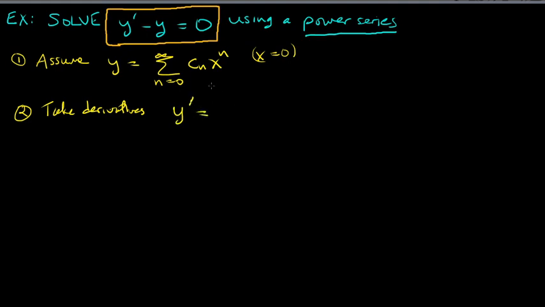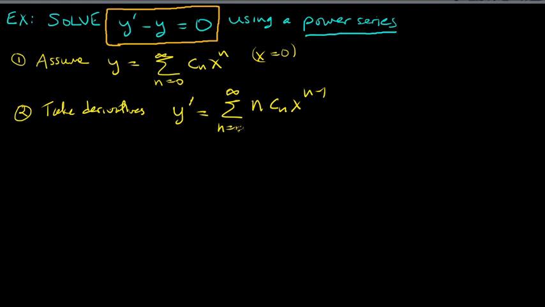Okay, so remember how to do that. You're just differentiating term by term. So we can differentiate each term separately and then add them up. Right, so you use the power rule. This is n times Cn times x to the n minus 1. However, notice I made a mistake here, because if n is 0, then this is going to be x to the negative 1.